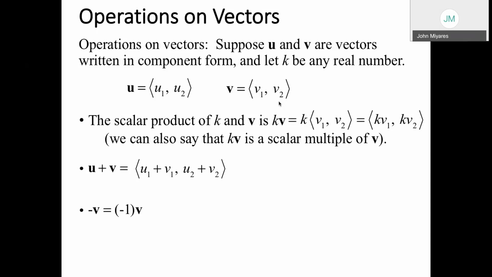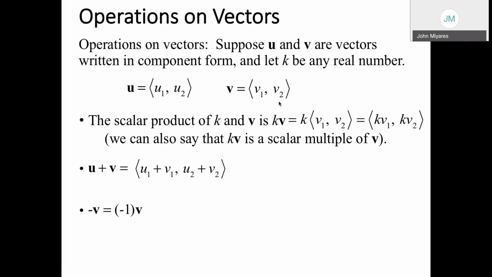If you see a minus sign in front of a vector, what you're essentially doing is having that vector travel in the opposite direction of the original vector. So you're multiplying each of the components of the vector by -1.